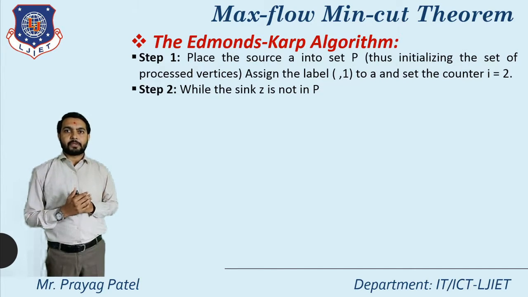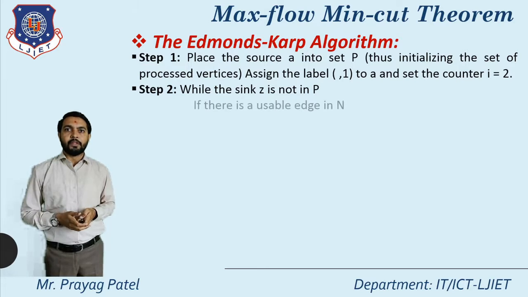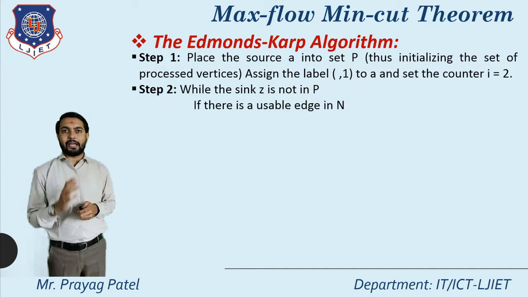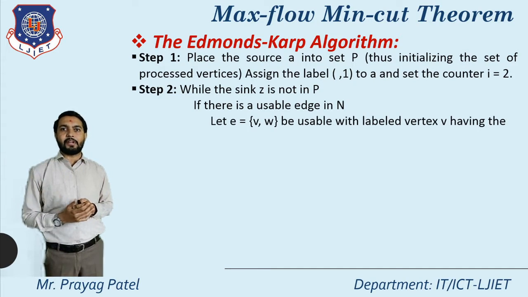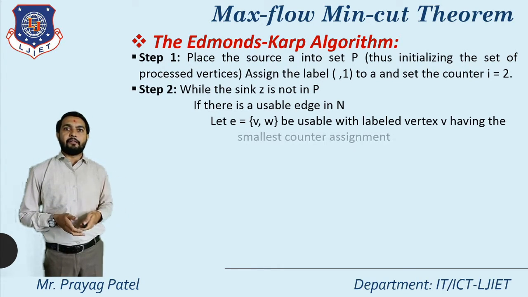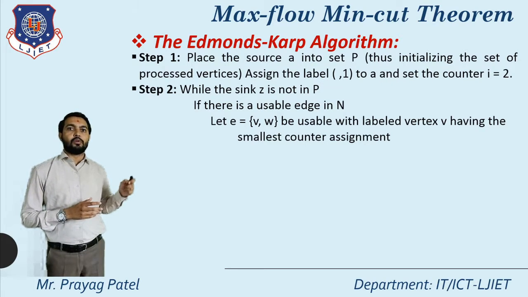Now step number 2: while the sink Z is not in P, we apply the next step. If there is a usable edge in N, we check whether the particular edge is usable according to the previous definition. Let E equal to VW be usable with labeled vertex V in P having the smallest count assignment.